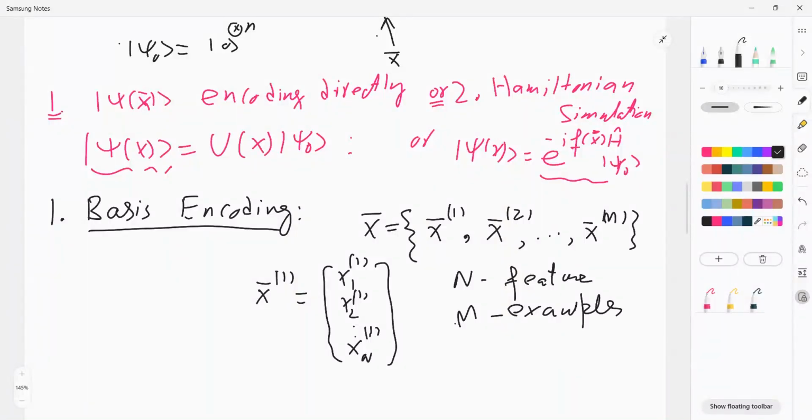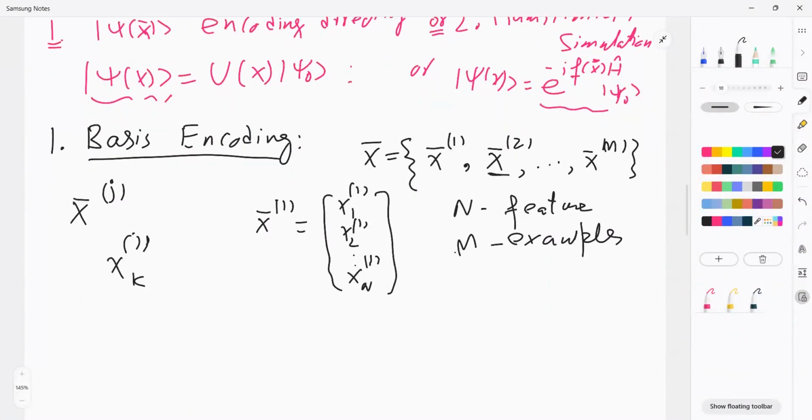Sometimes I'll refer to a particular example as x^j, and the kth component of x^j as x^jk. So this x superscript jk means it's the jth example and the kth component.